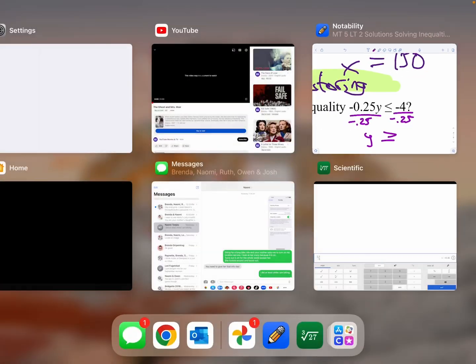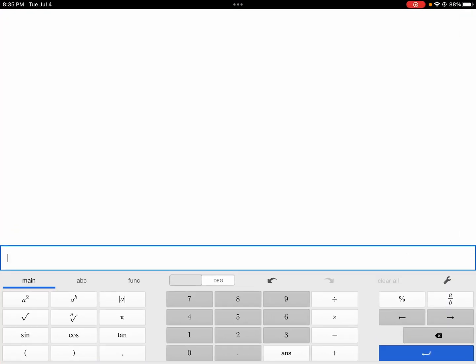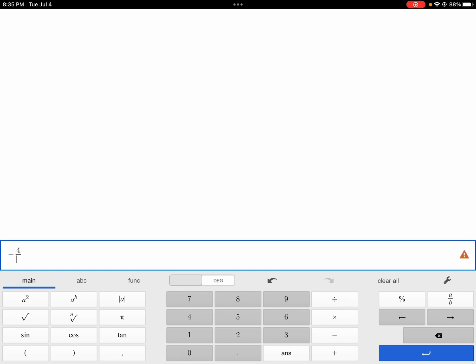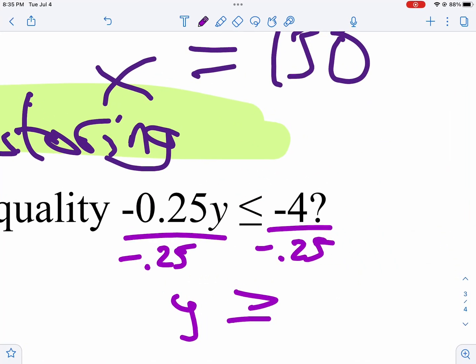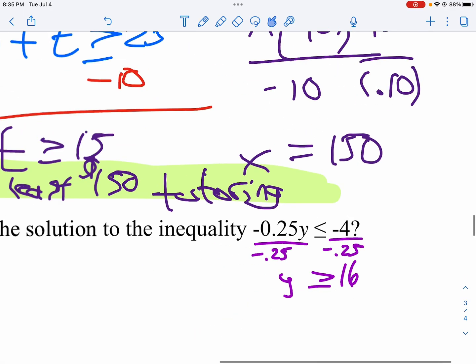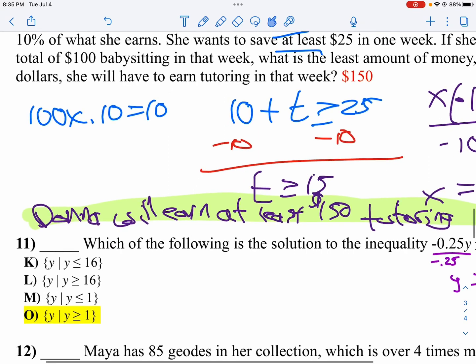Let's actually do it together so we can see it. So we're going to take negative 4 divided by negative 0.25. A negative divided by a negative is a positive, so y is greater than or equal to 16. And so I have the wrong one highlighted. It should be choice L.